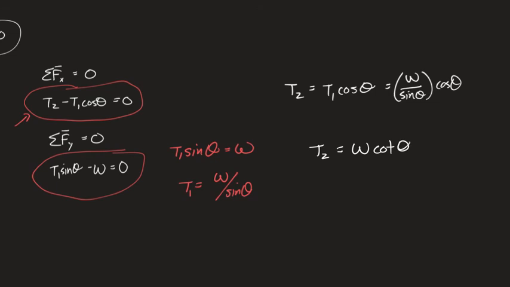Some of you know what that means, some of you don't. But cosine over sine is cotangent. If you don't know that, that's okay. There's nothing wrong with leaving it like this, but this is harder. There's other ways to write it. You could write this as weight divided by tangent. That would be true too. In fact, I like that one better.